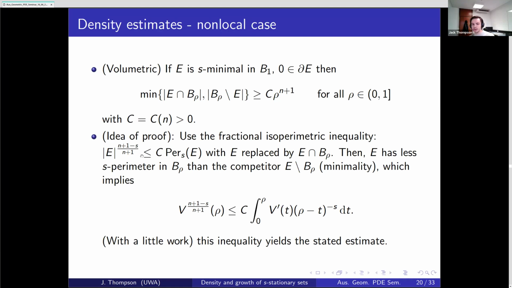I use this inequality, and then I use the same competitor that I did in the local case to obtain some sort of inequality between V and its derivative. Now, the inequality is more complicated than the one in the local case, but with a little work, you can make it give the same volumetric density estimate.